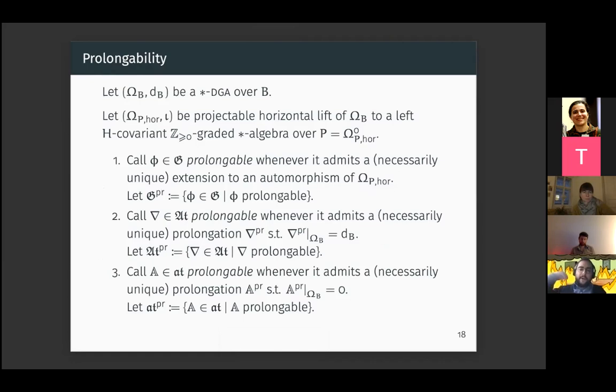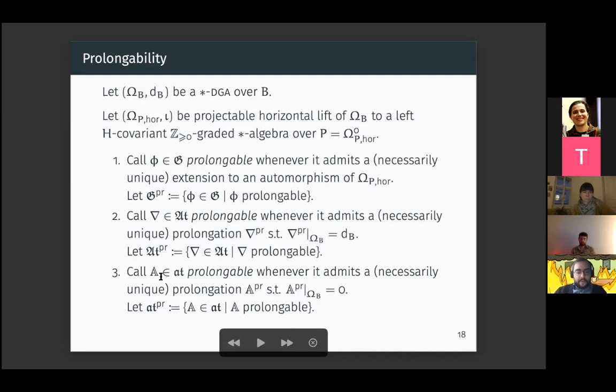Let's take a projectable horizontal lift of this graded algebra of forms to a graded algebra of forms over P. So you'll have P horizontal 1 forms and horizontal 2 forms. The horizontal 2 forms will still be a projectable horizontal lift of the 2 forms on B. You'll have a wedge product that makes everything work out, et cetera.